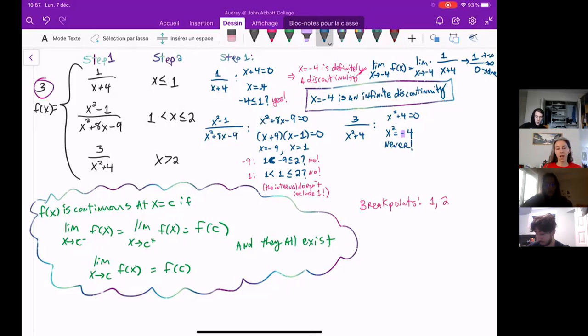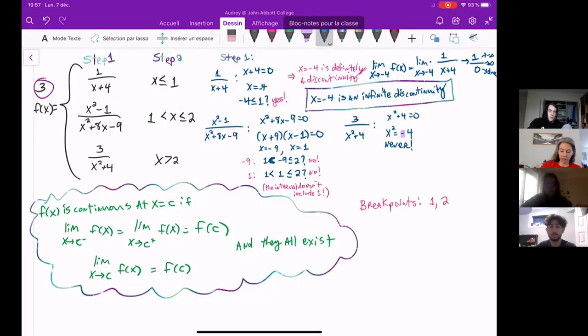Okay, tell me in the chat, function 1, 2, or 3, where should I go for 1 from the right? One from the right, guys.